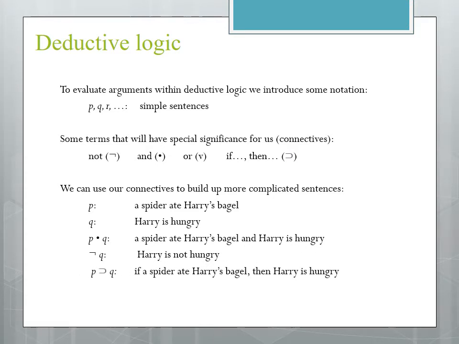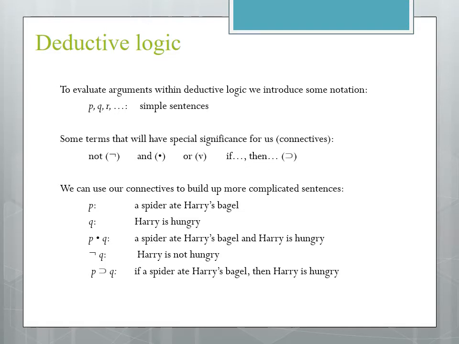Moving on, now we have an English sentence, "If a spider ate Harry's bagel, then Harry is hungry." Well, we have a symbol, sometimes called the horseshoe, to denote if-then sentences. And so now we can translate this English sentence into our symbolic language as P horseshoe Q. So the if part of the sentence comes before the horseshoe, the then part of the sentence comes after the horseshoe.